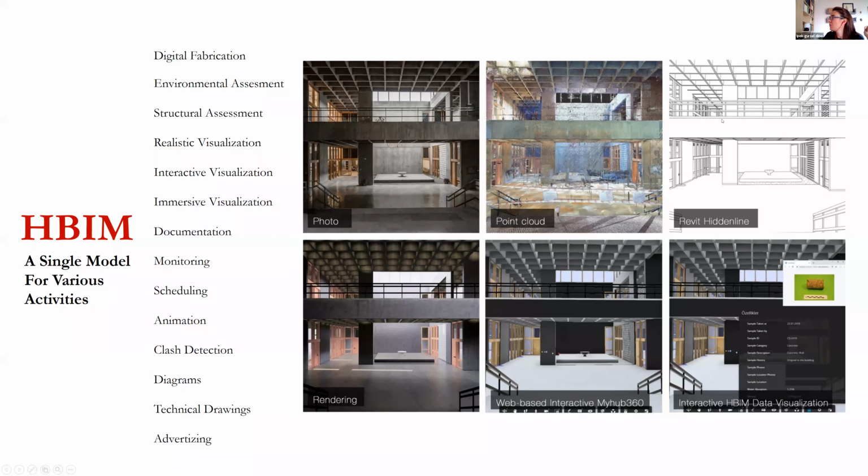And here we come to the heritage BIM, different views of the model, the hidden line. This is a rendering, not an actual photo, but a photorealistic render. A web-based interactive tool was developed, and we could visualize HBIM data.